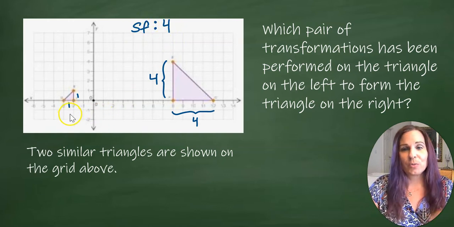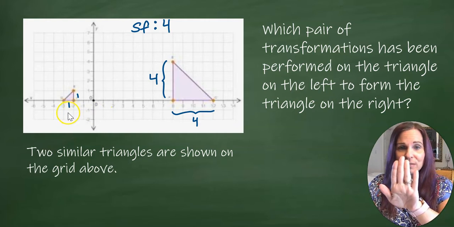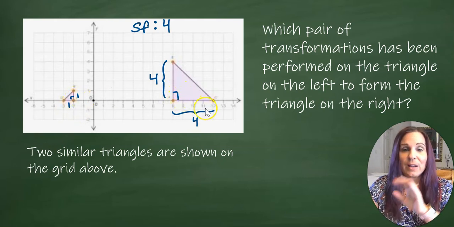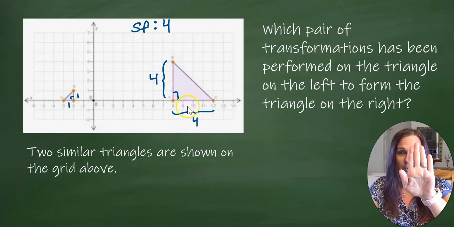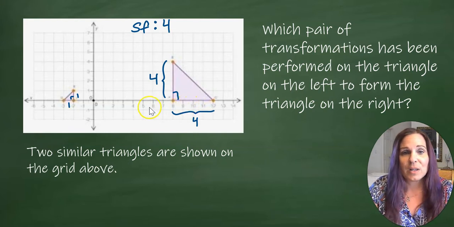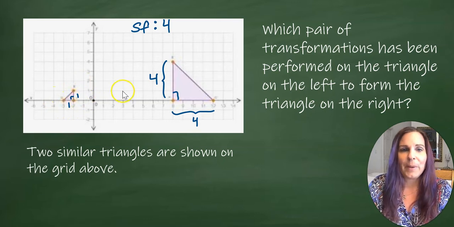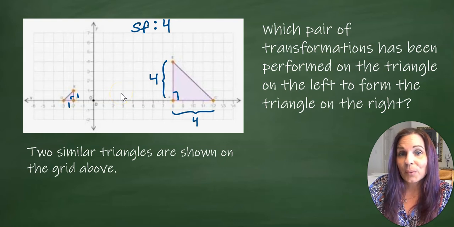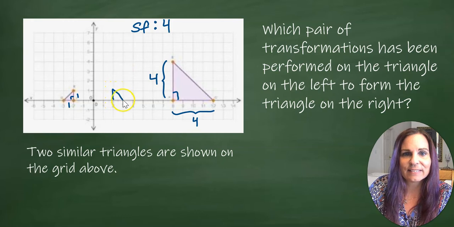Then the triangle also appears to be backwards, right? The right angle in the original small triangle is on the right side, and here it's on the left side. So that triangle appears to have been flipped. So if we were to flip this small triangle about the y-axis, think about where it would land. Well, it would land right here, right?